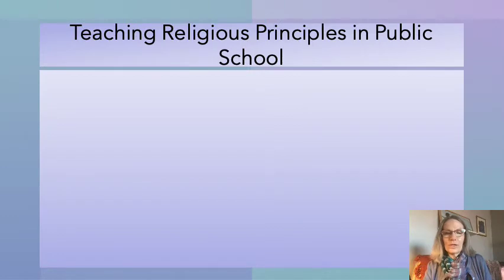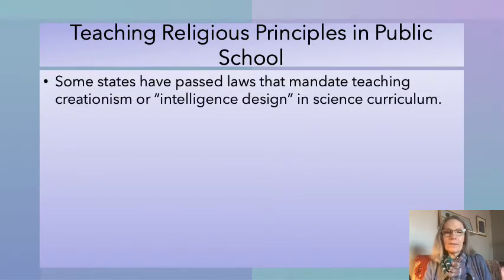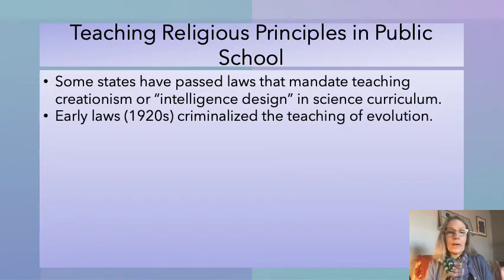So during the course of the 20th century, some states have passed laws that mandate teaching creationism or intelligent design in science curriculum. The early laws that you'll read about in the textbook, coming from the 1920s, criminalized the teaching of evolution. And so if you were a teacher and you taught evolution in the classroom, you committed a crime.